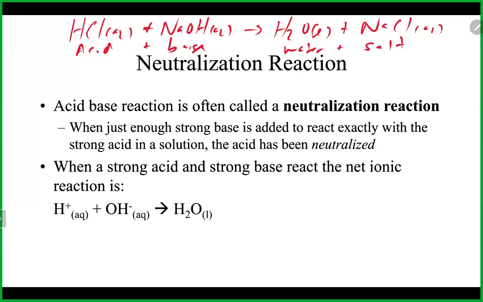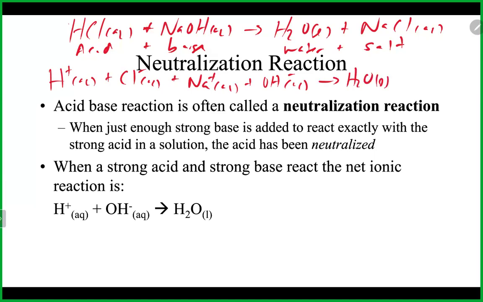Now, if you went through the total ionic equation and net ionic equation for any combination of strong acid and strong base, you would, for example, break apart the hydrochloric acid because it's a strong electrolyte. You would break apart the sodium hydroxide because it's a strong electrolyte as well. You will keep together the water because it's a liquid.